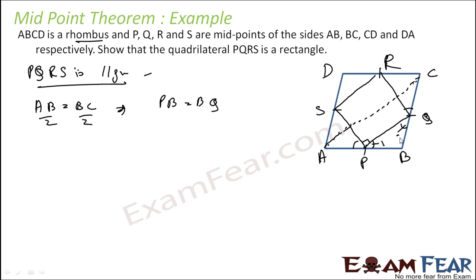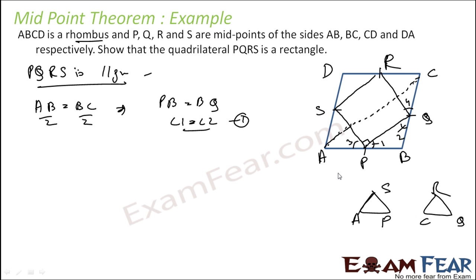Let me name this. This will be 1, this will be 2, this will be 3 and this will be 4. So we know that if PB is equal to QB, angle 1 is equal to angle 2. That is equation number 1. So we have to prove angle 3 is equal to angle 4. How can we prove it? If we take these two triangles and prove they are congruent, then we can say angle 3 is equal to angle 4. This is SAS.